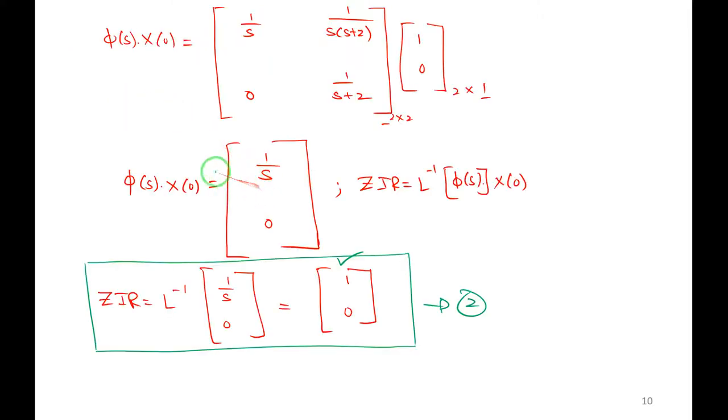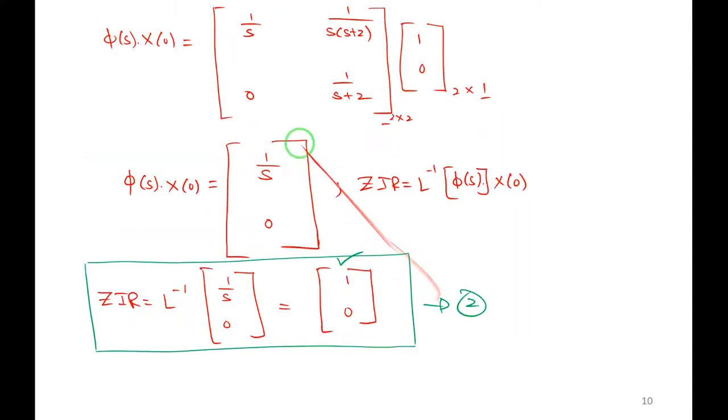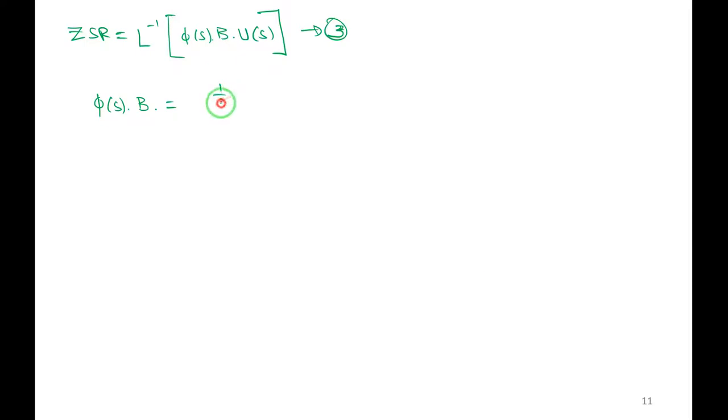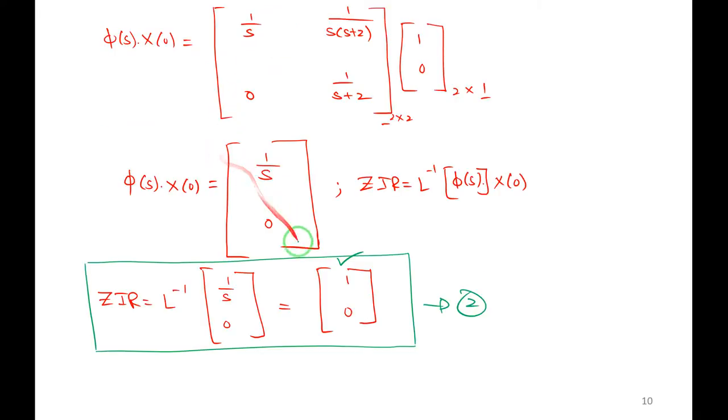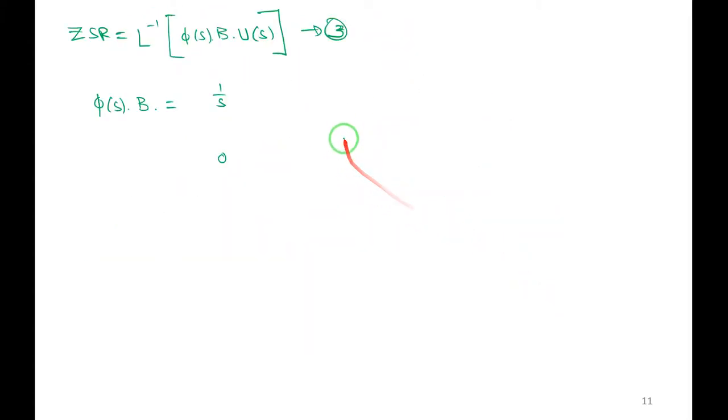What is phi of s? Already we have found out phi of s, here, right? Phi of s is [1 by s, 0; 1 by s into s plus 2, 1 by s plus 2]. If I am taking the terms wrong, please correct me, because while switching I may go wrong.